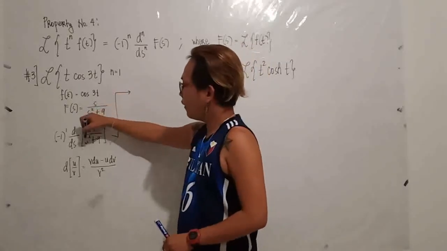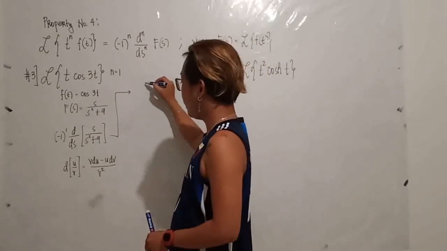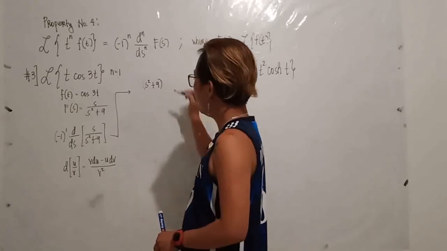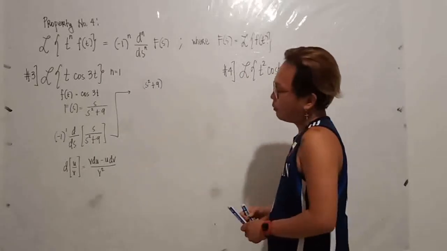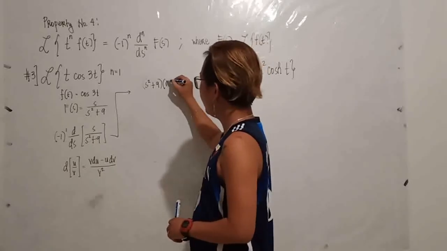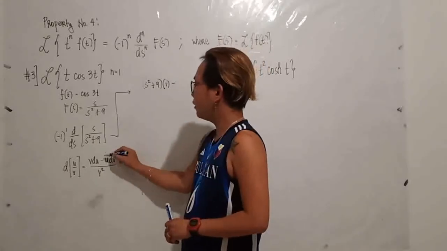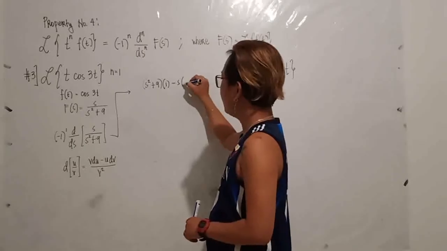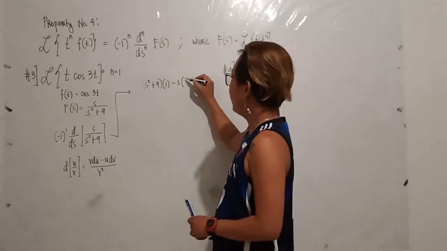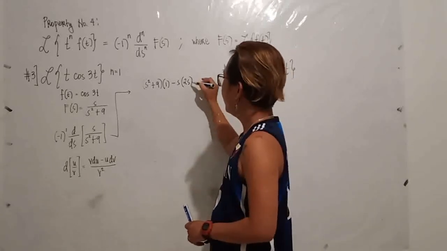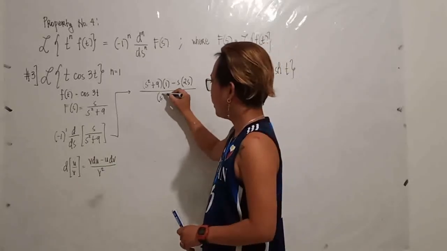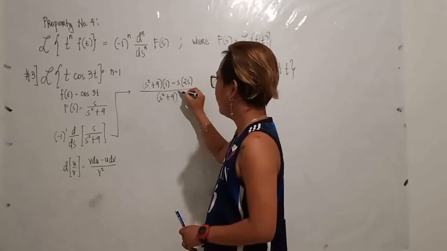So you will now have this part, which is s squared plus 9 multiplied by the derivative of your numerator, which is 1, minus numerator, which is s, multiplied by the derivative of this, you will have 2s over s squared plus 9 squared.